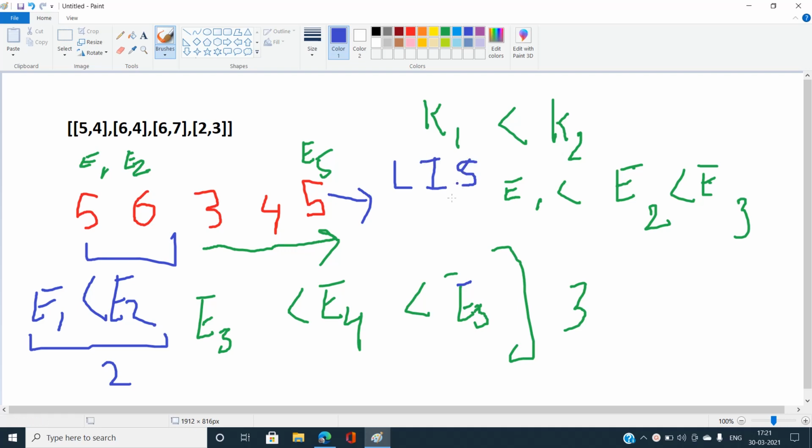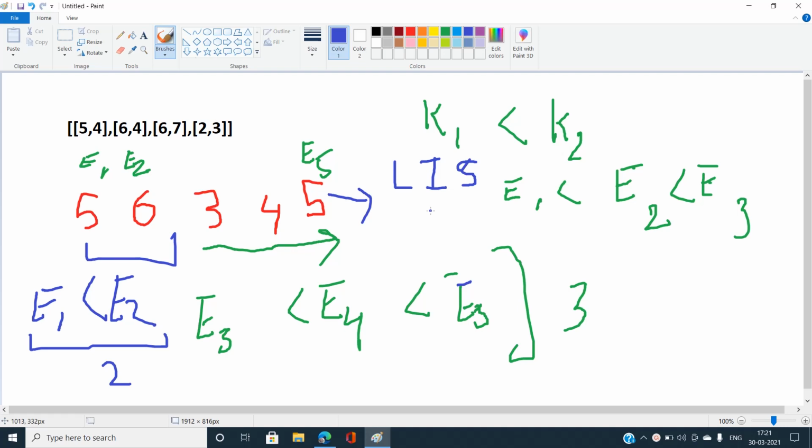You can also say longest strictly increasing subsequence. Okay, so we have to find the longest strictly increasing subsequence of the particular array. If a single key is present, this can be easily done. This is a classical problem of longest strictly increasing subsequence.